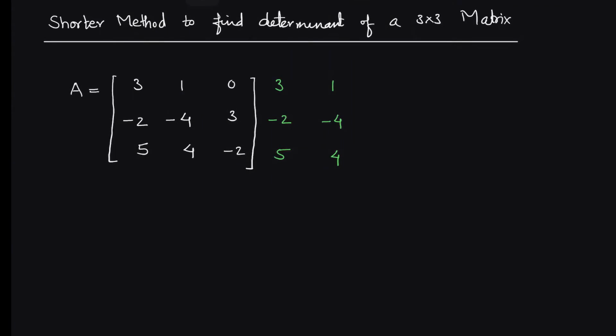Now do the multiplication along the main diagonal. Multiplication of these entries, 4 times 2 is 8, 3 times 8 is 24. Multiplication of these entries is 15, and multiplication of these entries will be 0. Now add them. This is 39. Now do the same thing in the other direction.